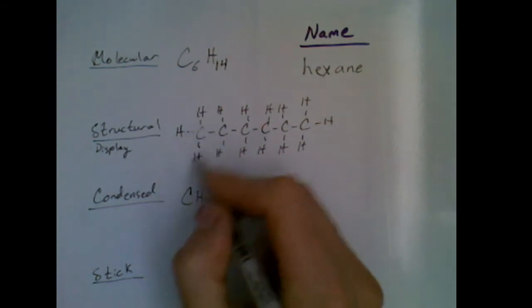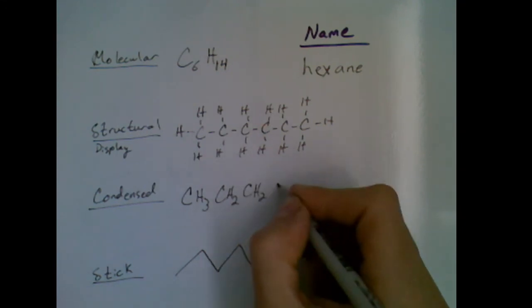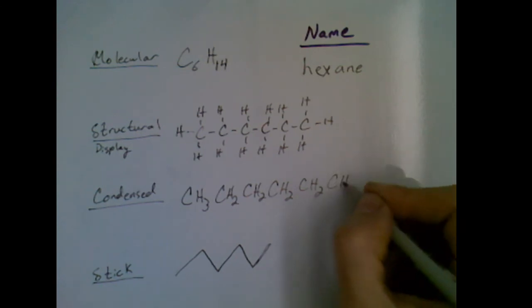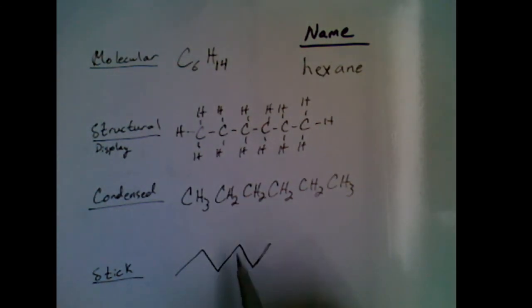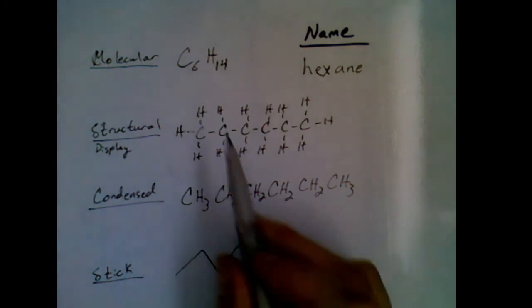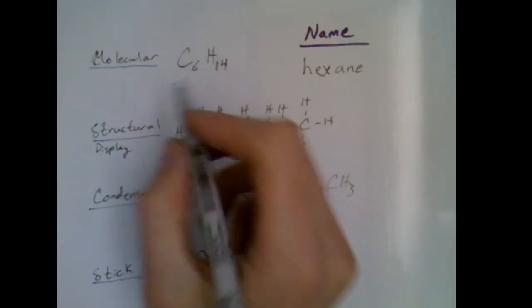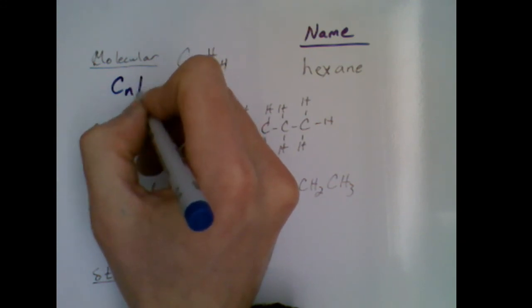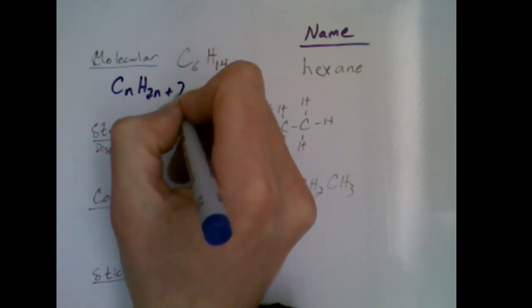Our condensed formula, CH3 for this one, CH2, CH2, CH2, CH2, CH3. Okay? And that's our structural, or our condensed structural formula. One thing I do want to point out, for every alkane, they always have the molecular formula CnH2n+2.